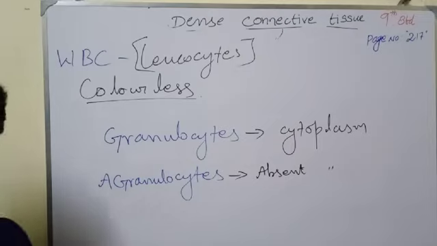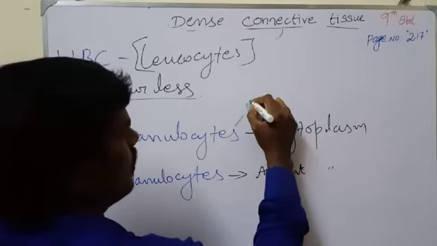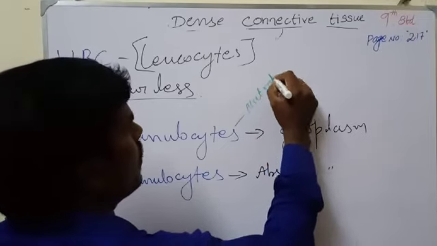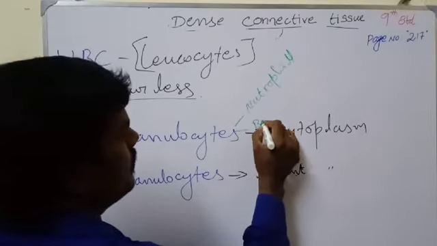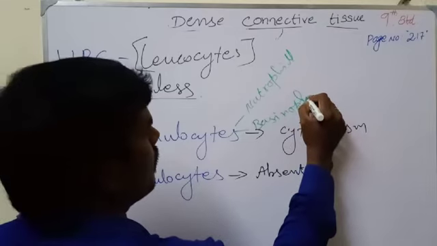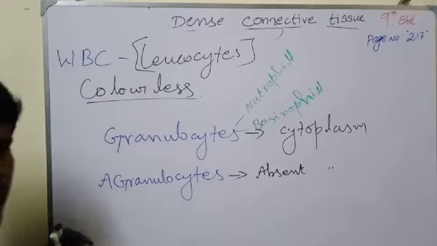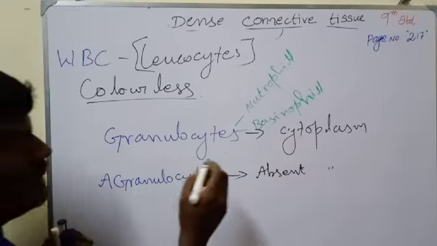Granulocytes are divided into three types. What are they? The neutrophil, basophil and eosinophil.